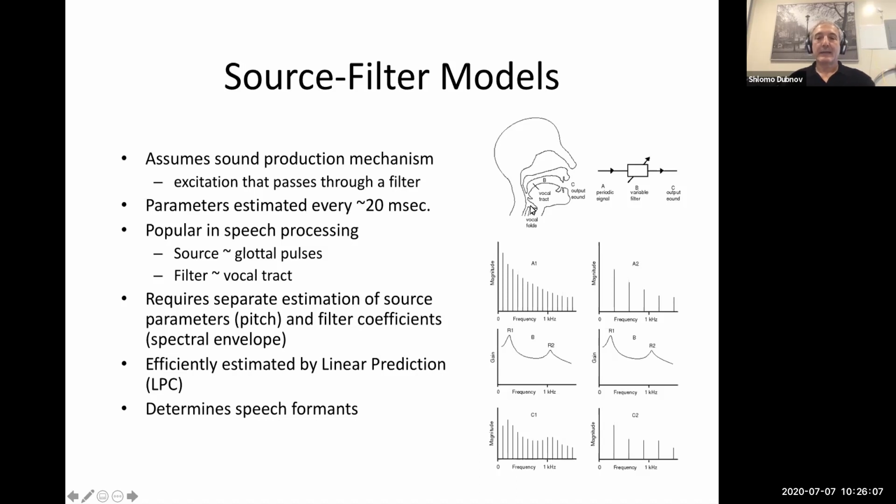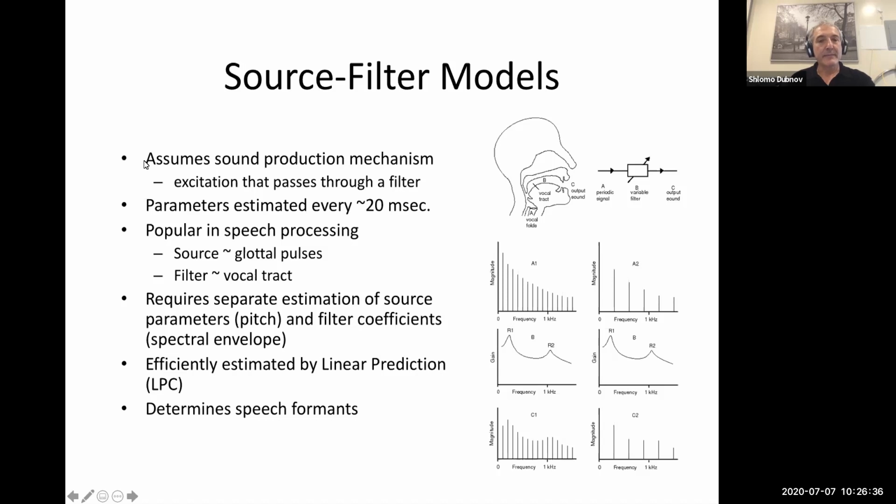And if it's unvoiced, it's just kind of a noise going through open vocal folds. And then this signal goes into the vocal tract. So what is a vocal tract? It's basically the cavities of your mouth and nose. And by moving your mouth, you actually change the resonant properties of your vocal tract.